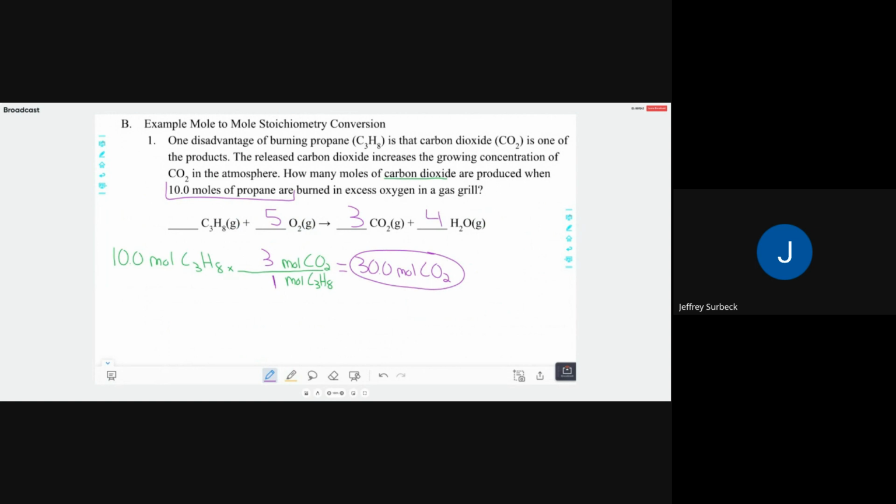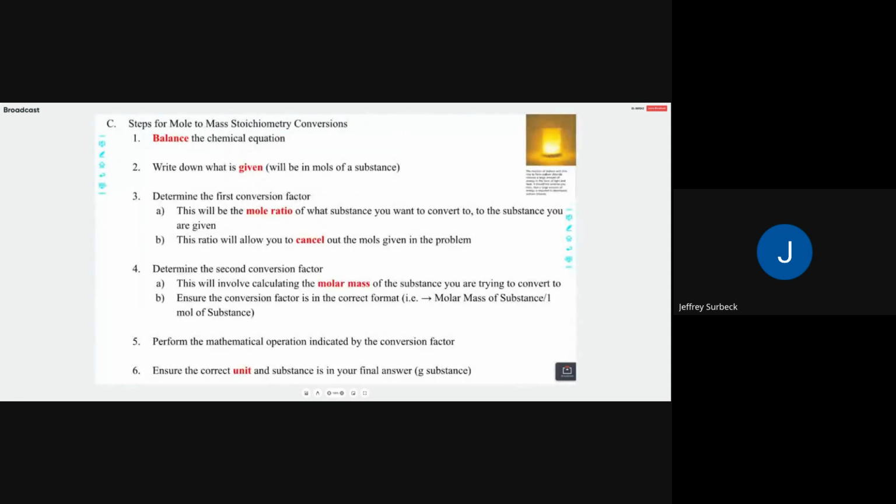Okay. Going to ramp it up a little bit, get our mole to mass a little bit harder because we have additional conversions. So again, a little bit more complications, add a little bit more steps to this. Key to all of this is balancing the chemical equation, right? You're going to write this down quite a bit.